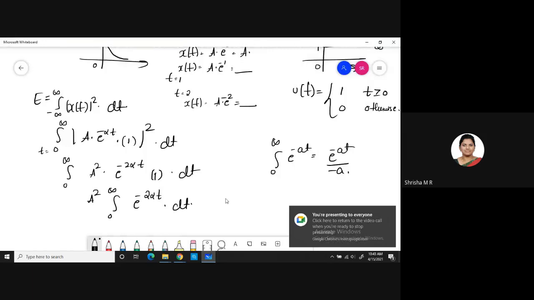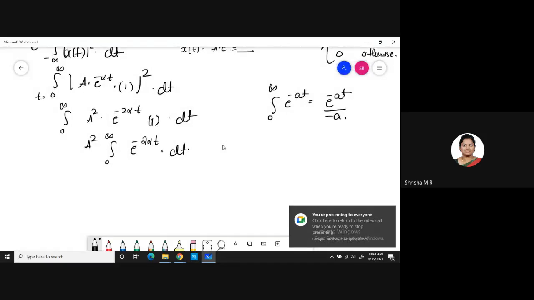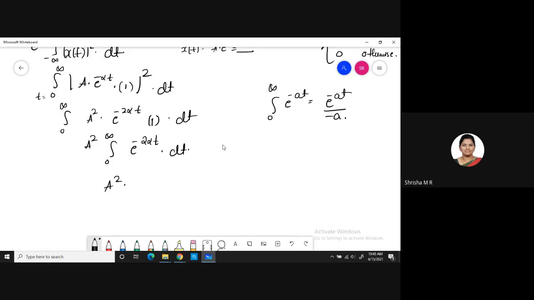So what do you get solving this? You have a square into, if you integrate e power minus 2 alpha t, e power minus 2 alpha t divided by minus 2 alpha. If you integrate e power minus at with respect to t from 0 to infinity, you get e power minus at by minus a with limits 0 to infinity.